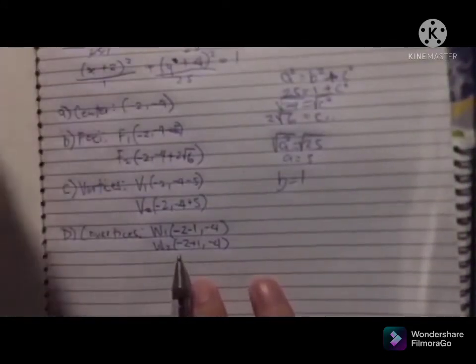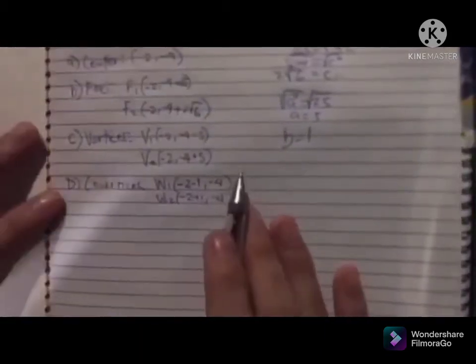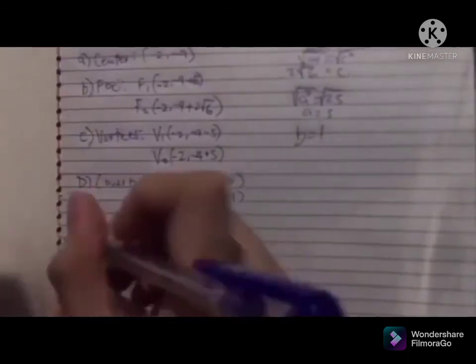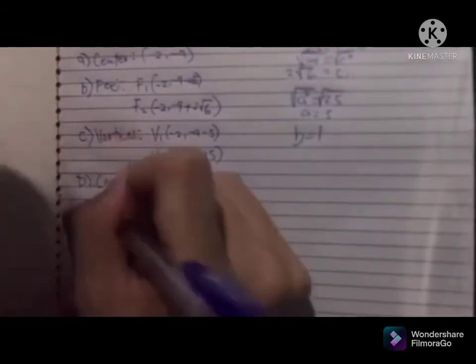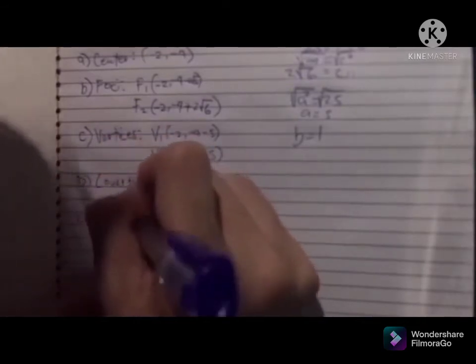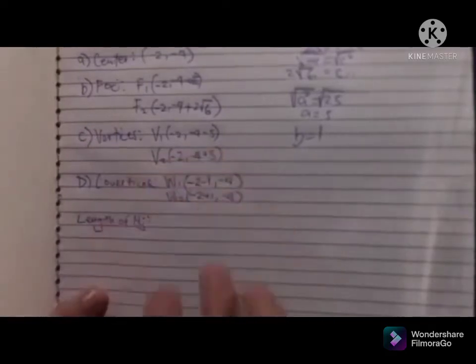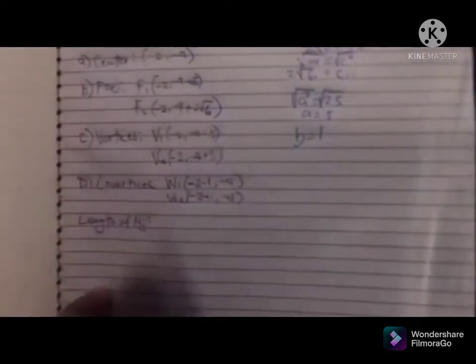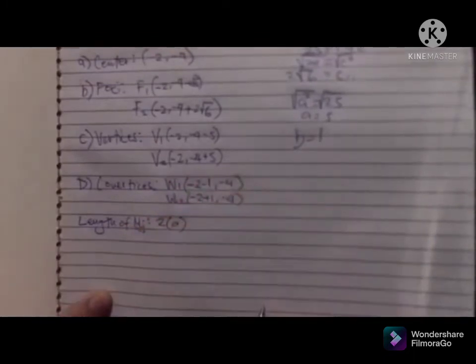The next one is the length of the major axis. Let's write it down. Now for the formula for the major axis, we have 2 multiplied by a.